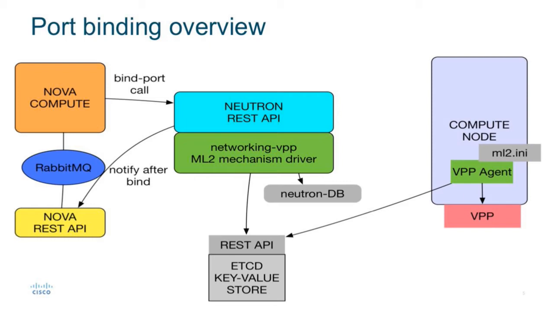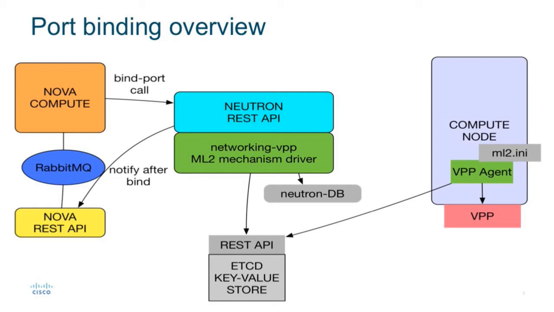So the bind port call, the ML2 mechanism driver injects data into etcd, basically telling the VPP agent running on the compute node, go ahead and drop a vhost user socket for the VM.